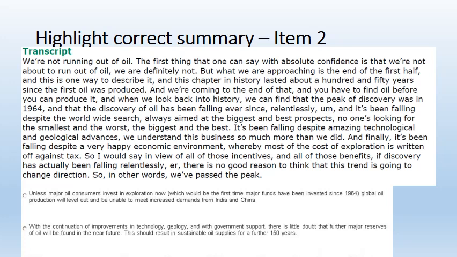So I would say, in view of all of those incentives and all of those benefits, discovery has actually been falling relentlessly. There is no good reason to think that this trend is going to change direction. So in other words, we have passed the peak.